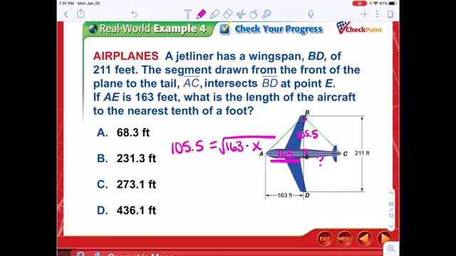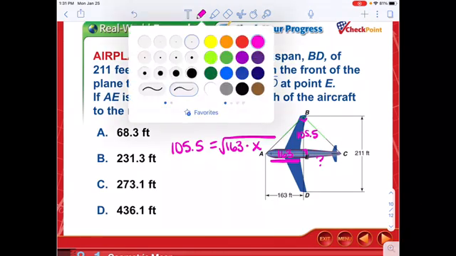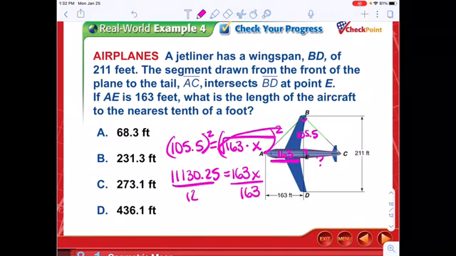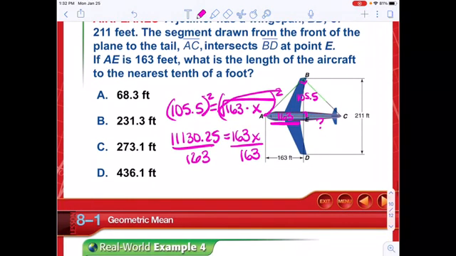So I take 163 times x. To get rid of the square root, though, I need to square both sides. So 105.5 squared is 11,130.25. That now equals, because these cancel out, 163x. Divide by 163.